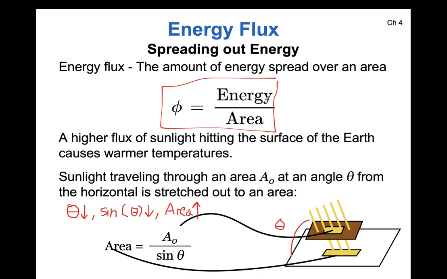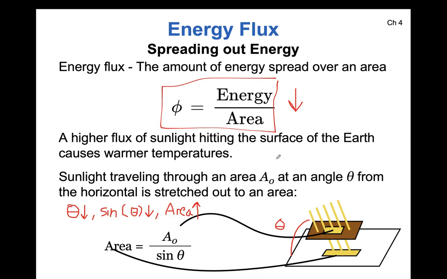The sun only produces so much energy. So if you have a greater area but the same amount of energy, then you have less energy flux. So that's what's gone down. When the sunlight is less directly overhead, the flux goes down. Area goes up, flux goes down. And that makes the light less intense.